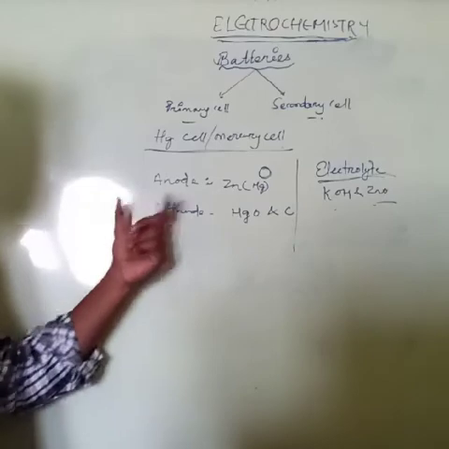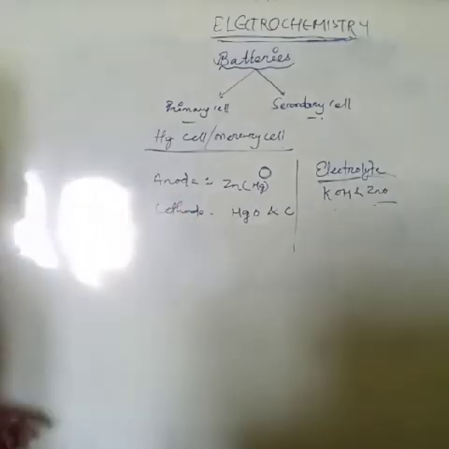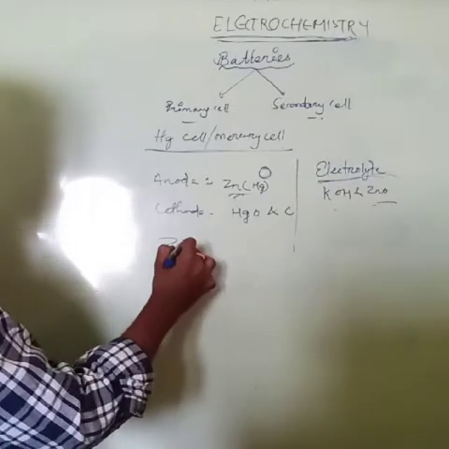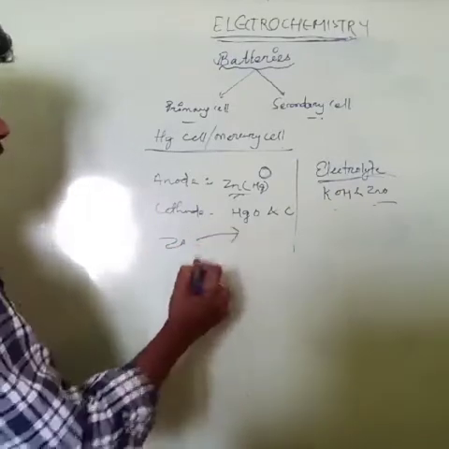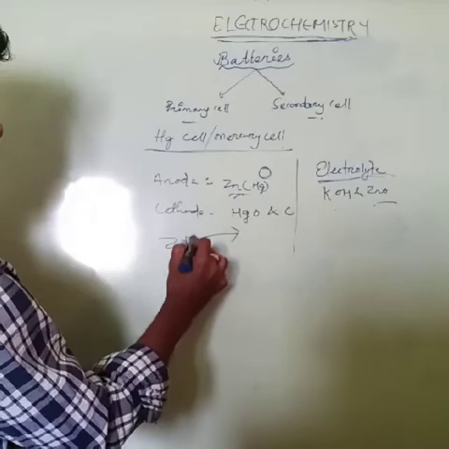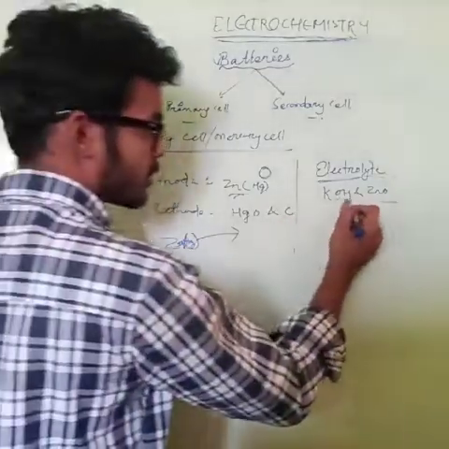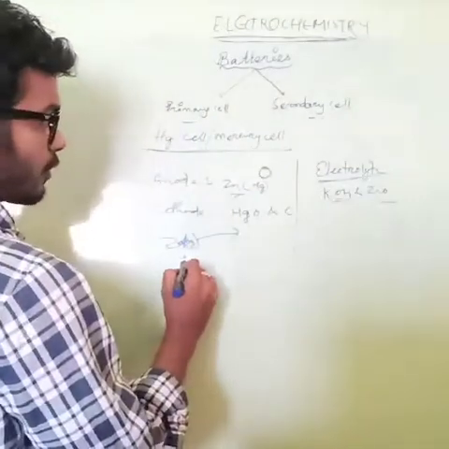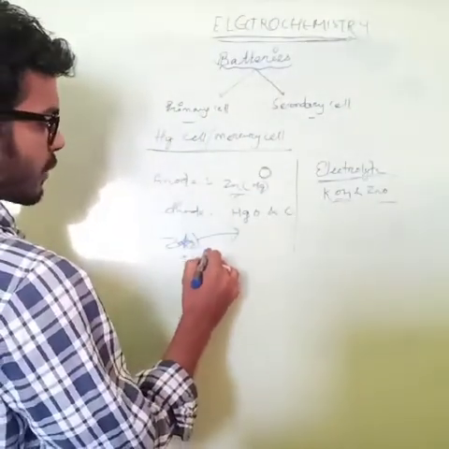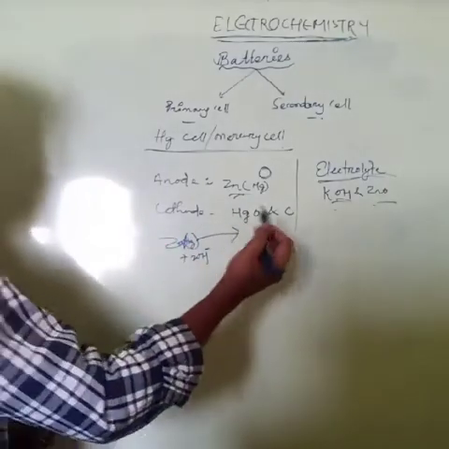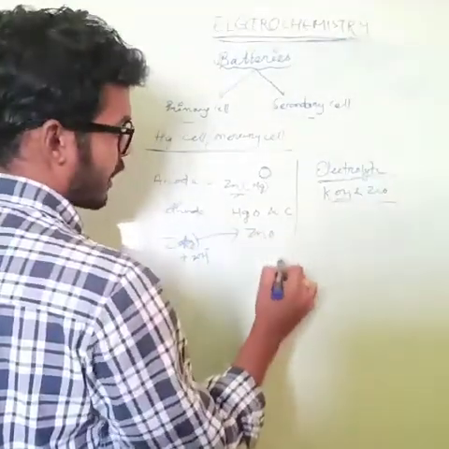So what happens in the anode? It's very clearly zinc. What will form? Zinc Hg amalgam. When it reacts with these hydroxide ions, OH minus ions, it will give zinc oxide.